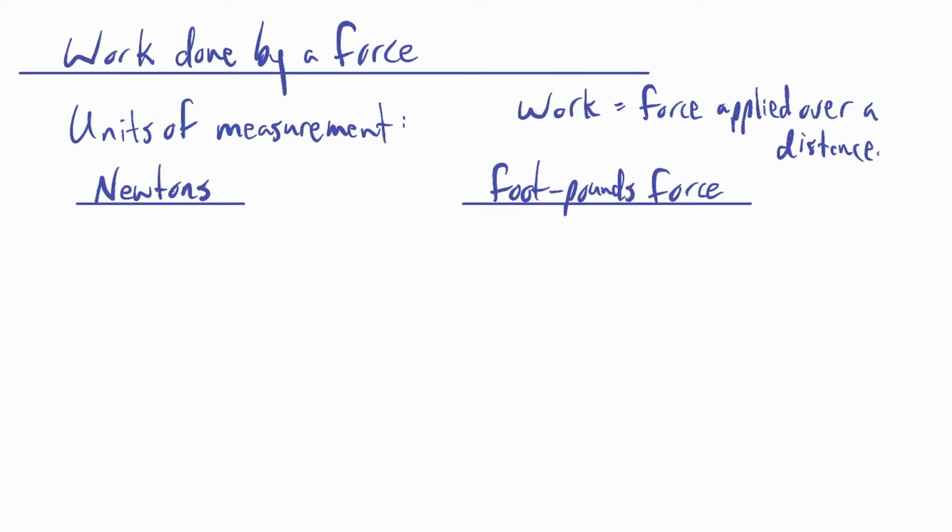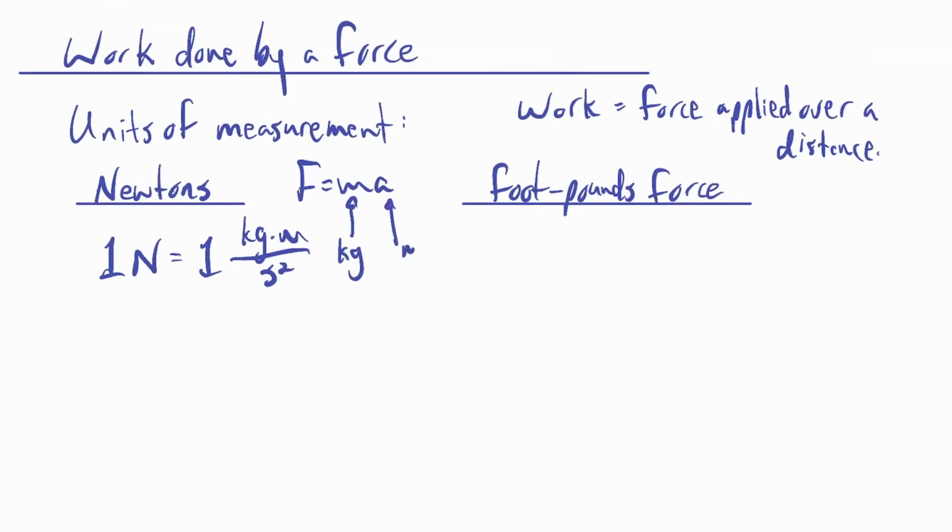So 1 Newton is 1 kilogram meter per second squared. If you think about F equals ma, acceleration is meters per second squared, and kilograms would be mass, so that's basically what we're basing this upon.